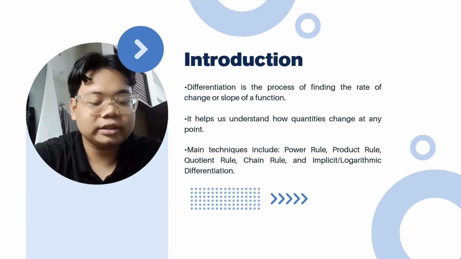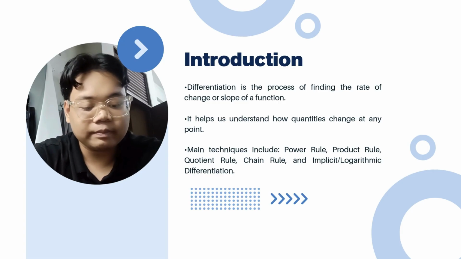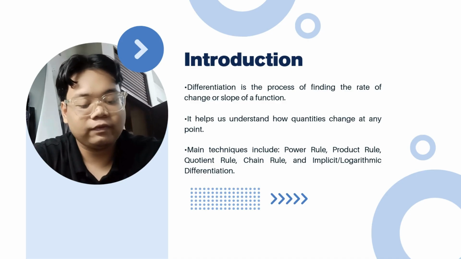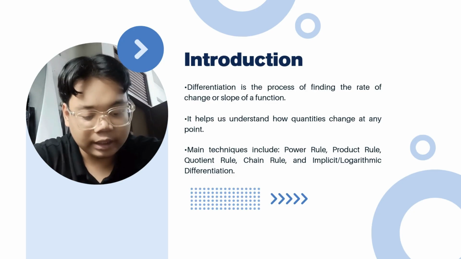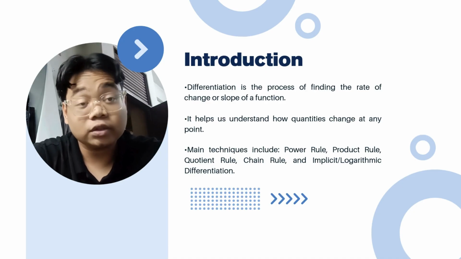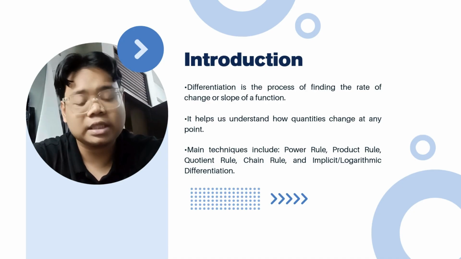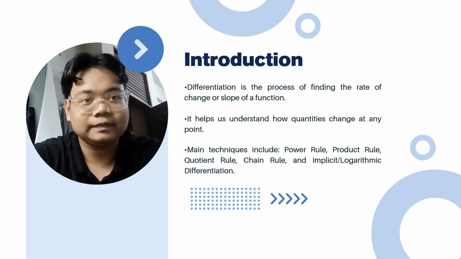There are also additional techniques such as implicit differentiation, logarithmic differentiation, and differentiation of trigonometric, exponential, and logarithmic functions. All these techniques allow us to solve more complex calculus problems in a clear and structured way.